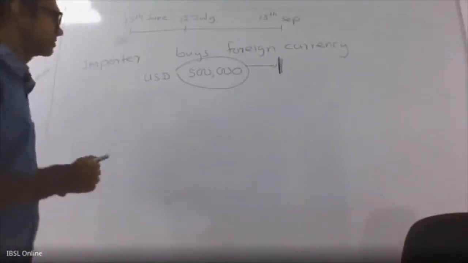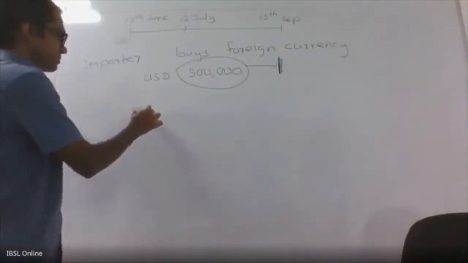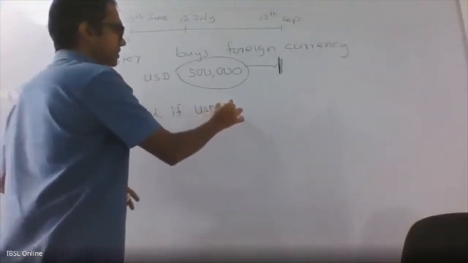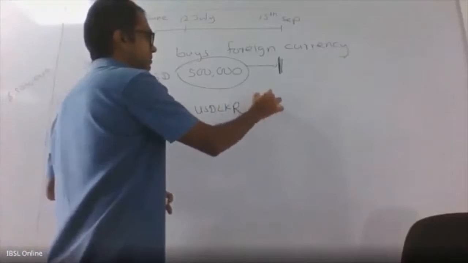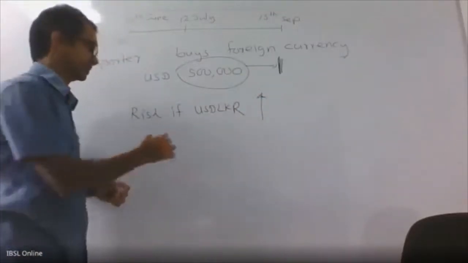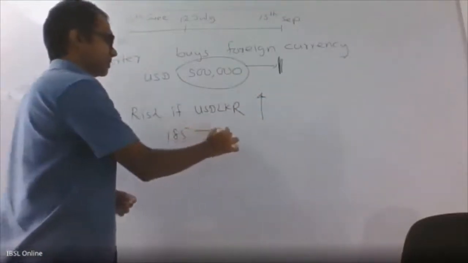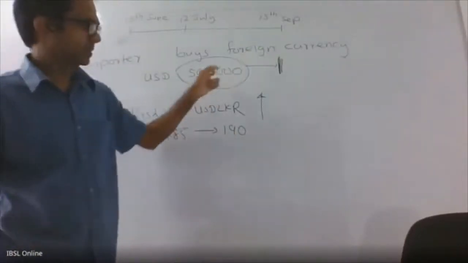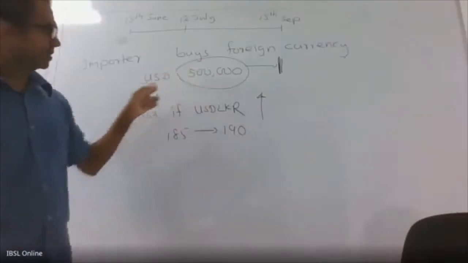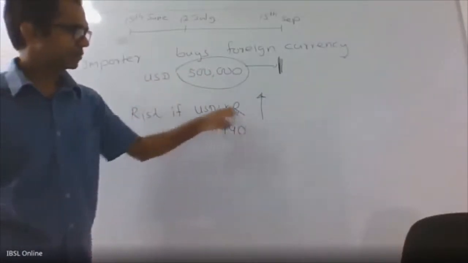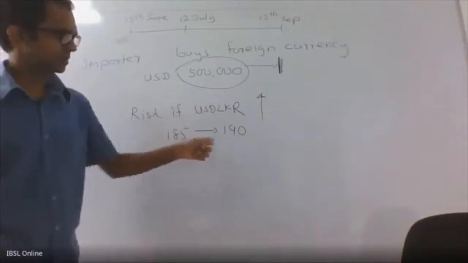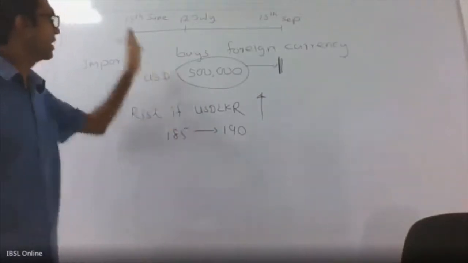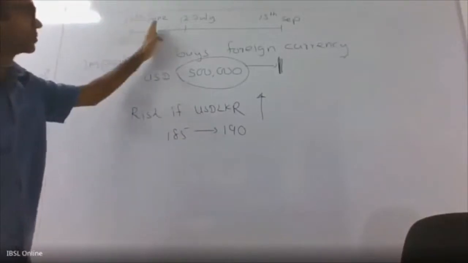The risk is, if the USD LKR rate goes up, say 185 to 190, to buy $500,000 the importer has to pay more if the dollar-rupee exchange rate goes up. That is the risk.